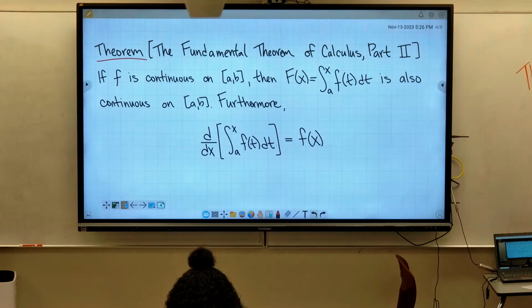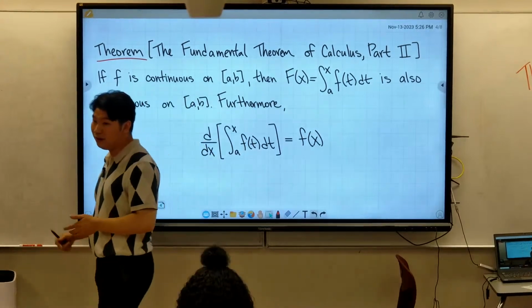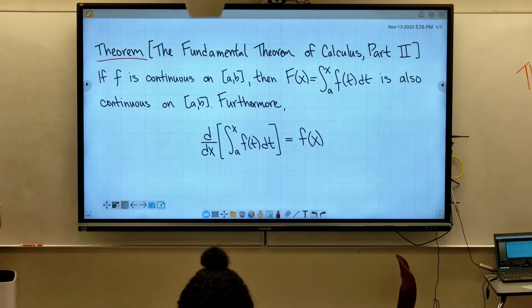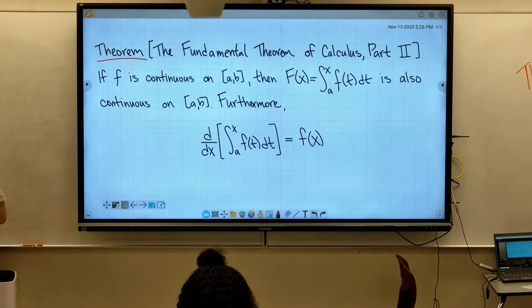But intuitively, this might make a little bit of sense because we know the integral is like the antiderivative. This notation d dx is saying take the derivative. And we like thinking of the integral or the antiderivative, whatever you want to call it, and the derivative as opposites of each other. So in a way, it would seem to make sense to say that whenever I take the derivative of the antiderivative, I end up with something like the original function.